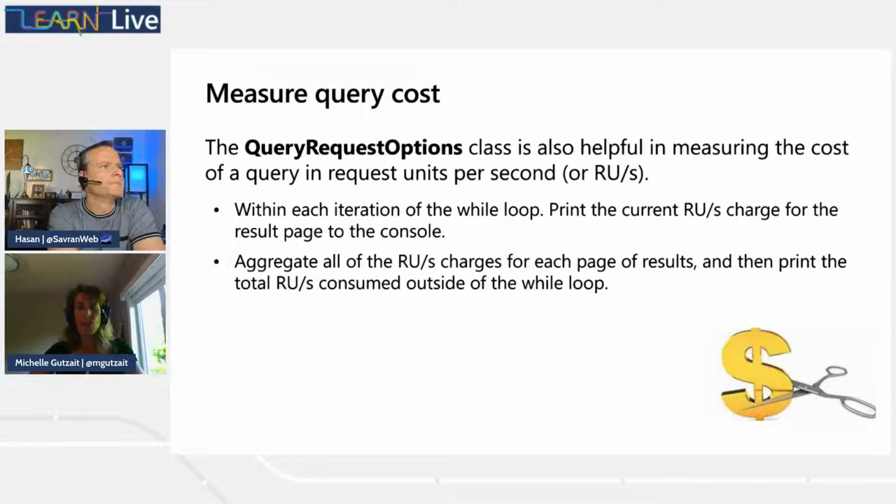So what we can do is look at each iteration in a loop and print the RUs, as well as review the aggregate of the RUs for the entire block of code. And this has to be done outside of the while loop.